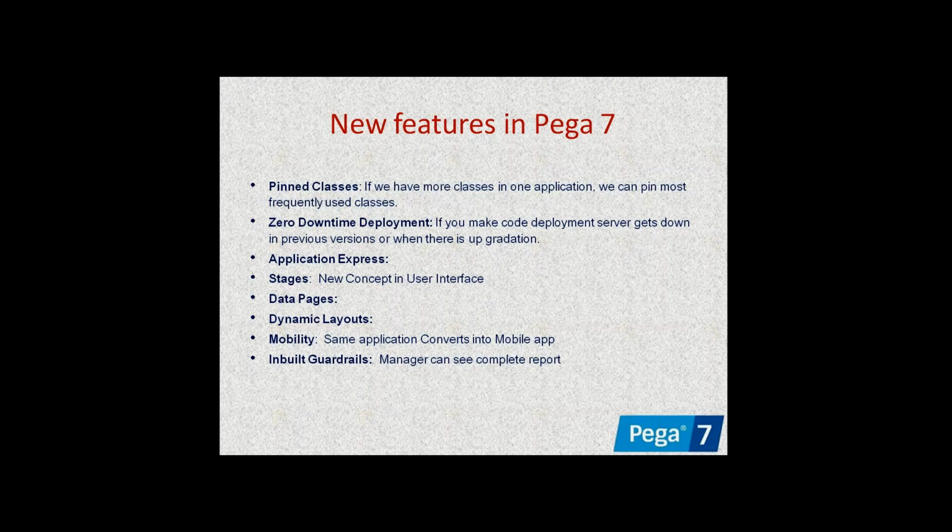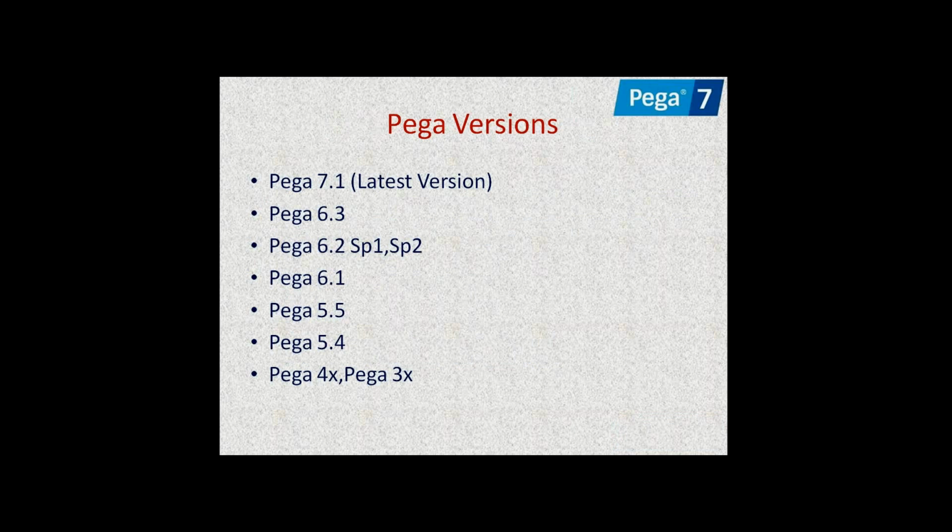In Pega 7, the total look and feel and about 70% of the options are newly added. Automatically in Pega 7, if you design any application, it will also convert into a mobile application, dynamically converting everything into mobile format. Like this, there are so many features. I'll discuss them in detail later.